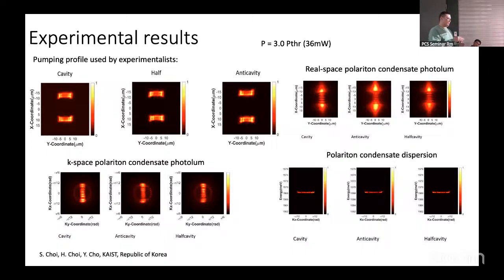As I will show later, and it was also shown before, the polariton propagation length is bigger in the cavity case compared to a square box pumping potential scheme.